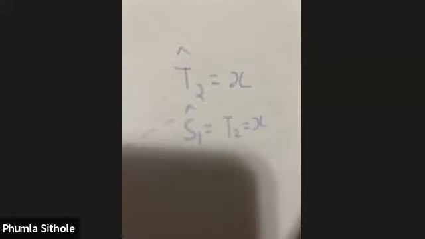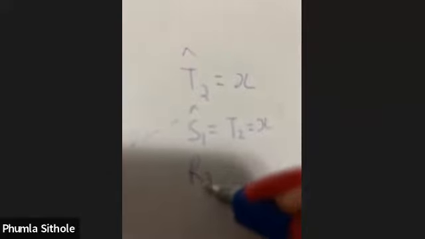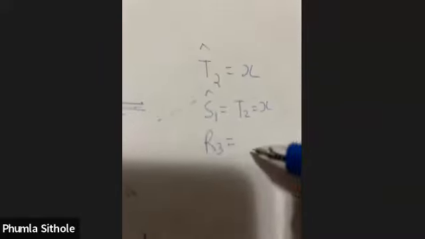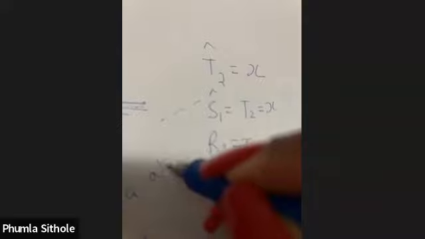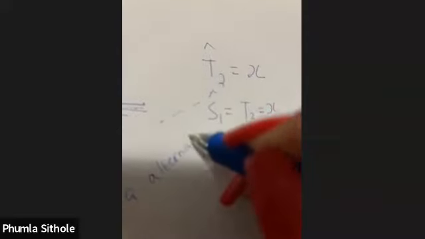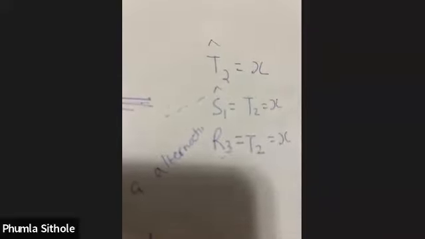Then we said R3 is equal to T2 as well. I think it's alternating angles because we have parallel lines. Then it is equal to x again. So we have 1, 2.